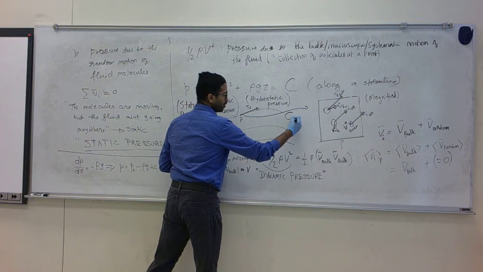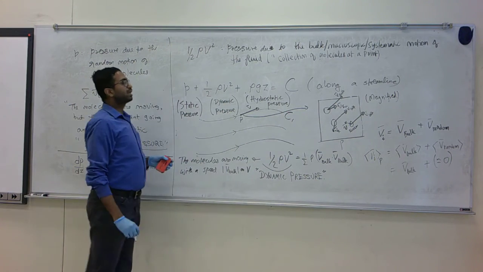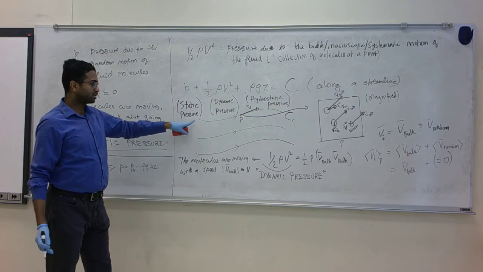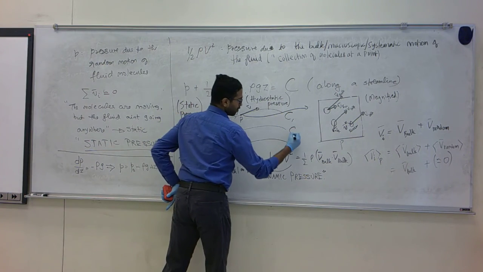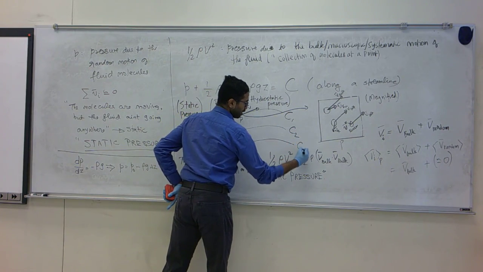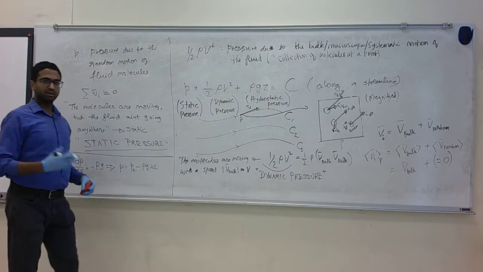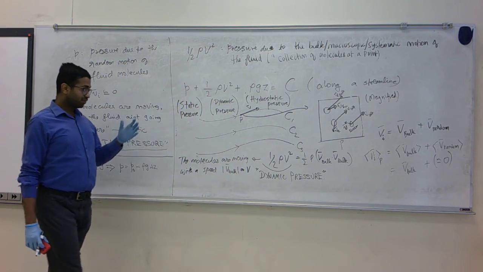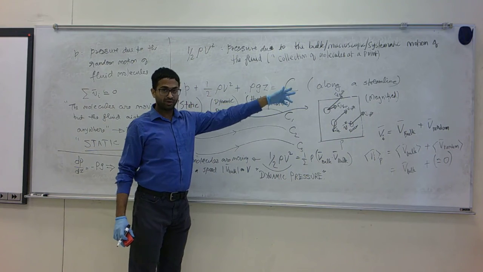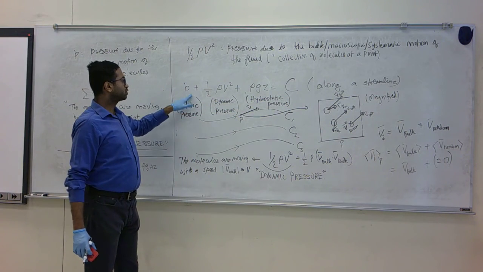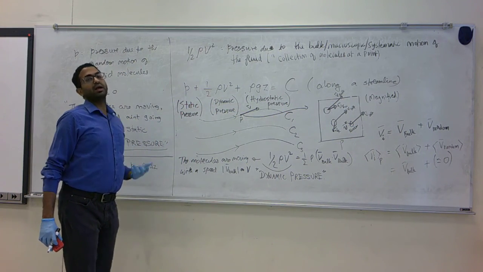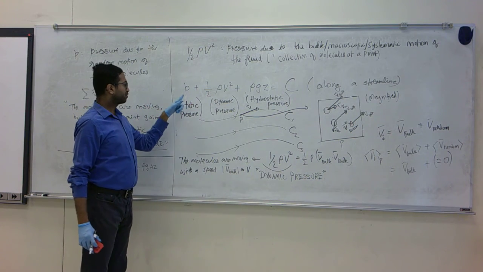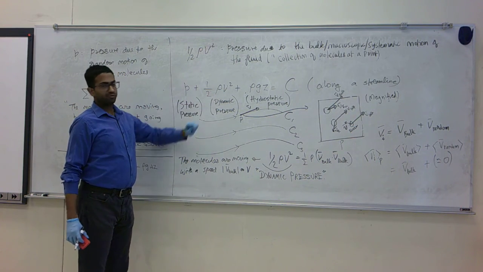The value of C takes, let's say, a value C1 along this streamline. It may take a different value along this streamline and a different value along the third streamline. And through problems we'll see how to evaluate C if needed, or how to use this equation to solve practical problems, which include solving for either pressure or velocity.